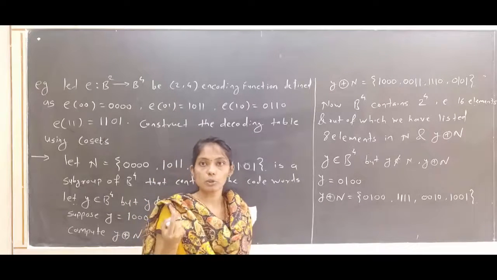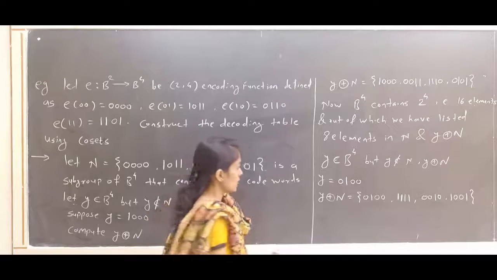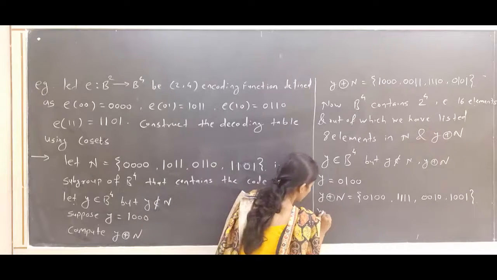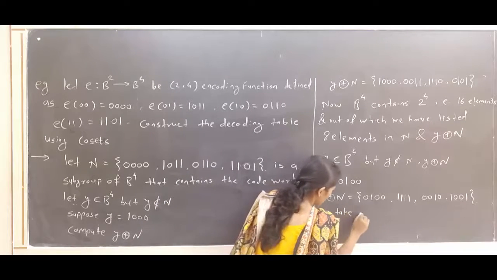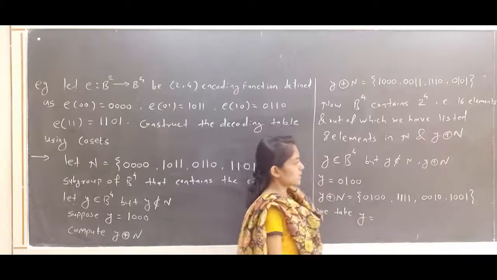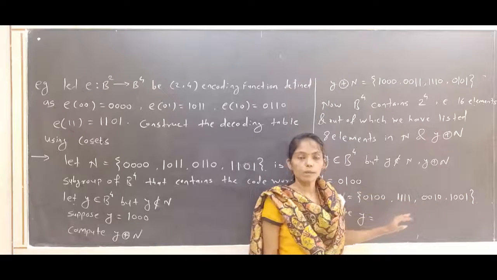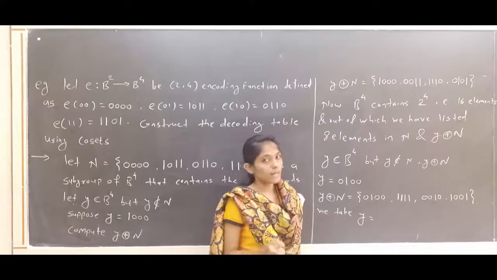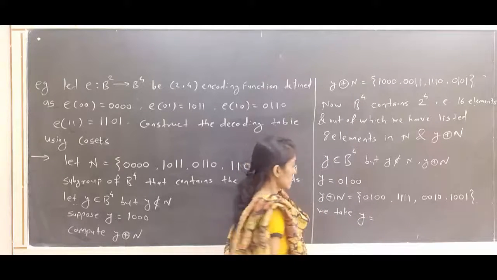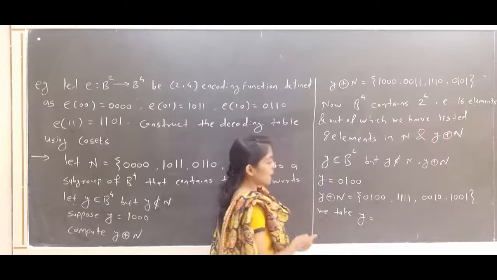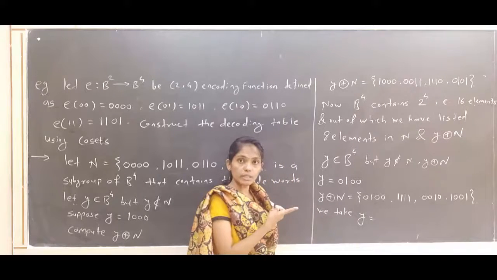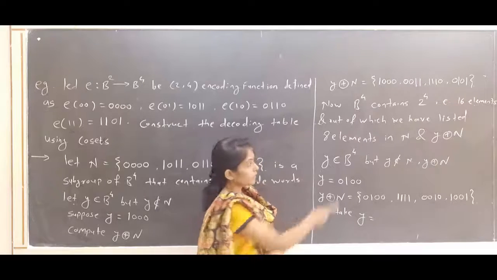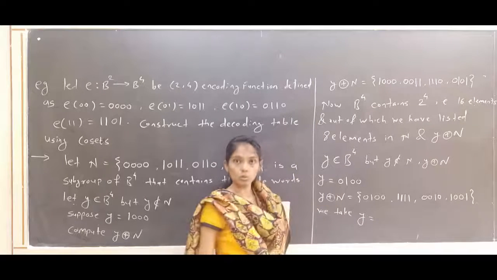So again we want to select the next y. So see here 0010 belongs to this coset, right? So that's why we can't select it here. Now here we want to take y belonging to B⁴ but not covered in these 3 cosets.